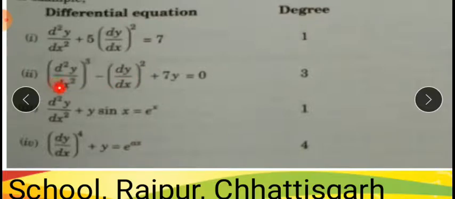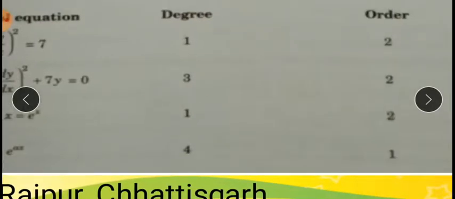Therefore, d2y by dx2 is the highest order and its order is 2. But what is the whole power of this derivative? Its whole power is 3. The highest power, that is the highest exponent, gives the degree. Therefore, its order is 2, but the power of the highest order derivative is 3, so the degree is 3.